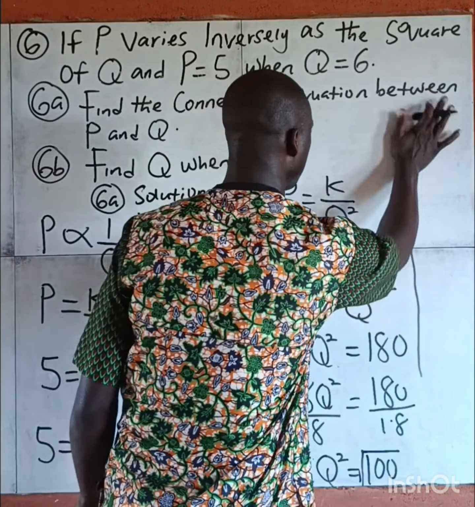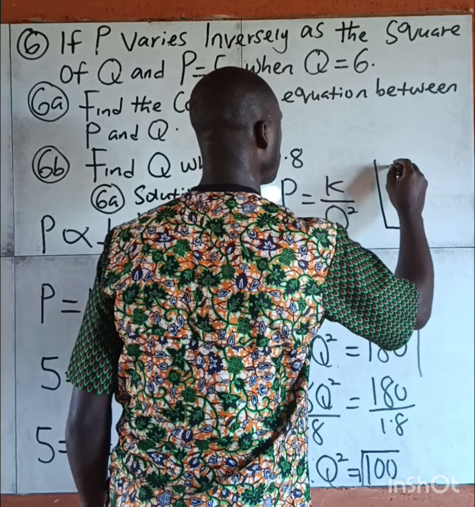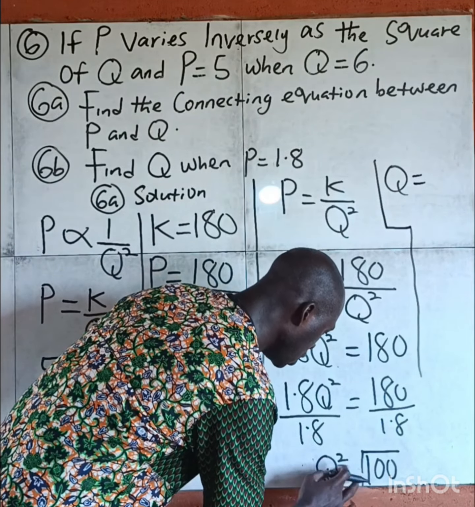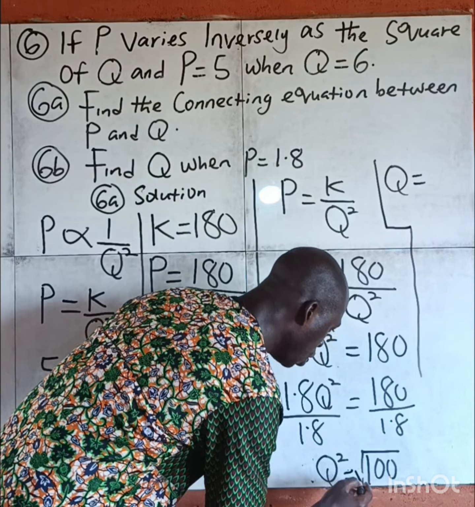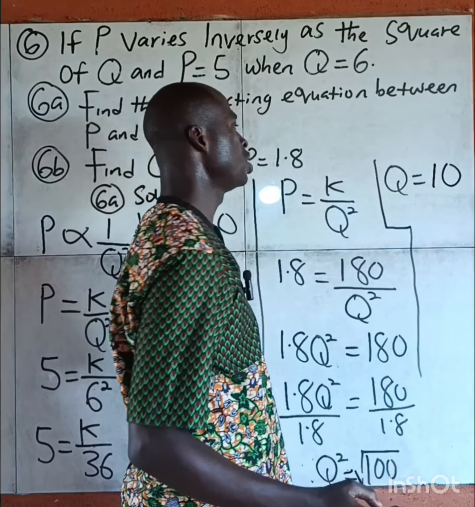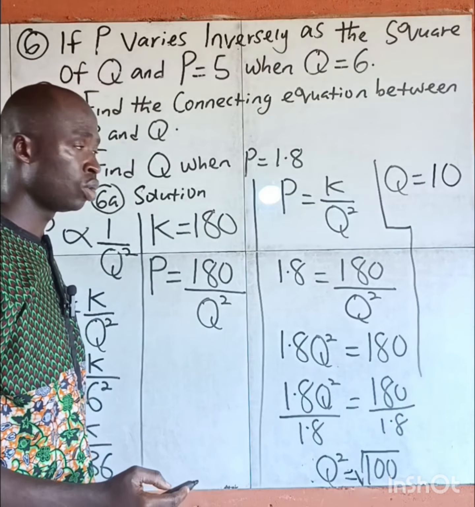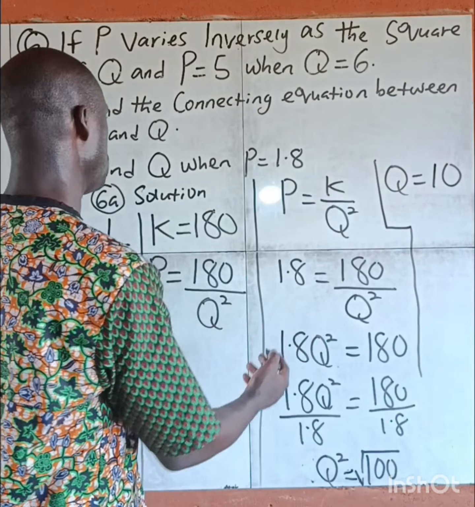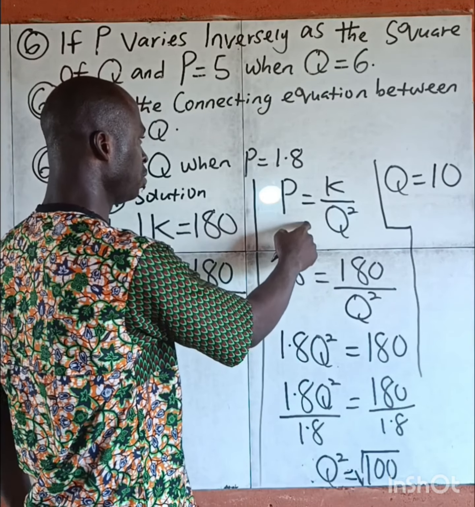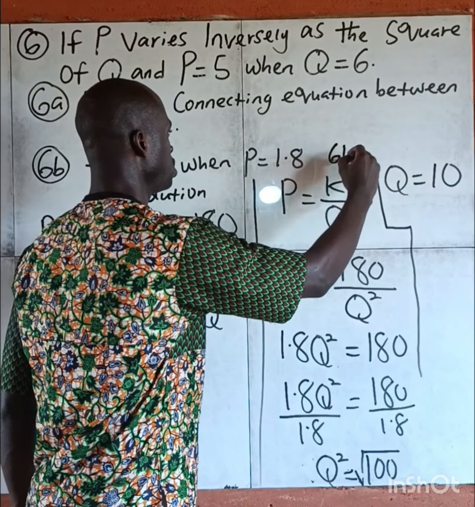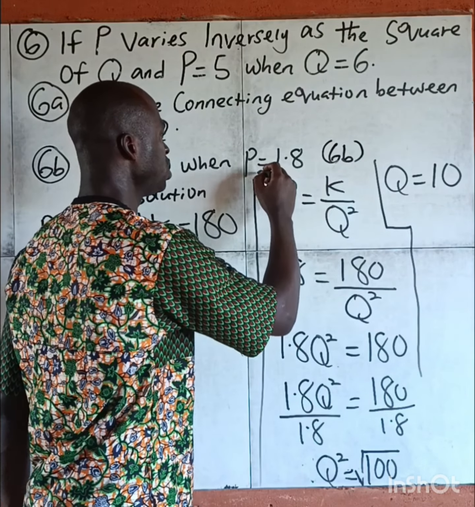So here becomes Q equal to the square root of 100, which will give me 10. And this becomes my final answer. You can see the way it is clearly done. This becomes the solution to question 6b. So let's tag it up here, 6b. You can clearly see the way it is done.